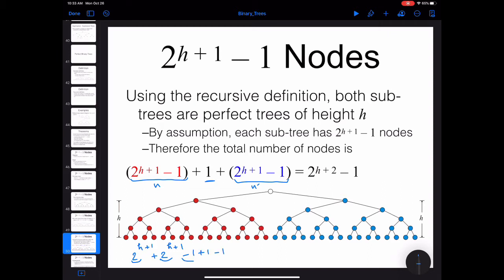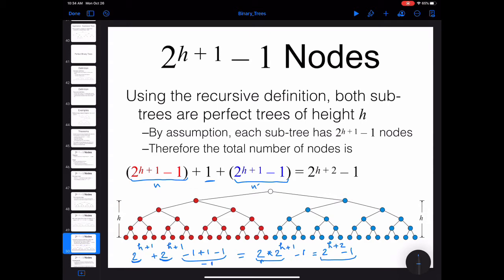You can see that this result, I can write it as minus 1, right? And these two terms are the same. So it is just like you have 2 multiplied by 2 power h plus 1 minus 1. So I can rewrite this as, just put this 2 in the power. So this is going to be 2 power h plus 2 minus 1. This is exactly the formula that we had.